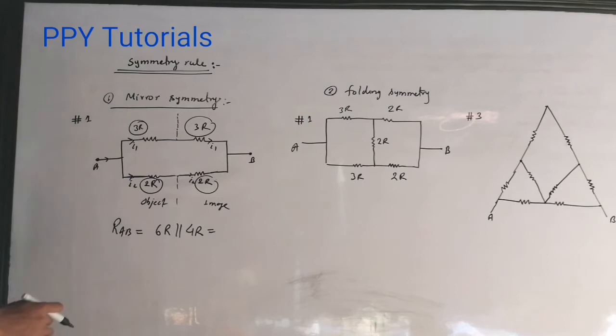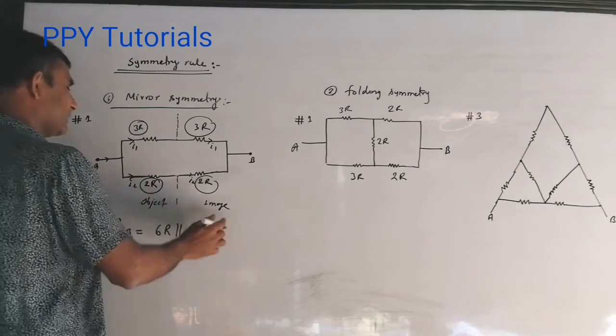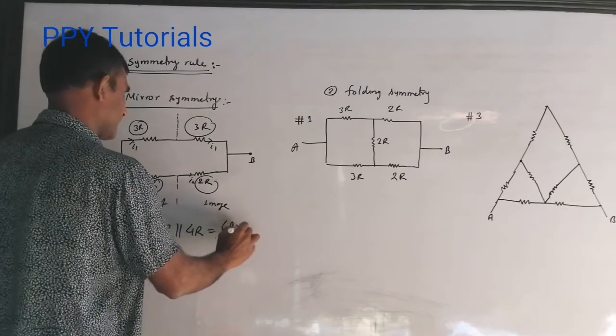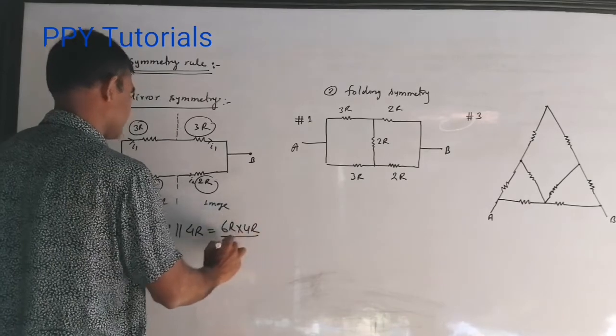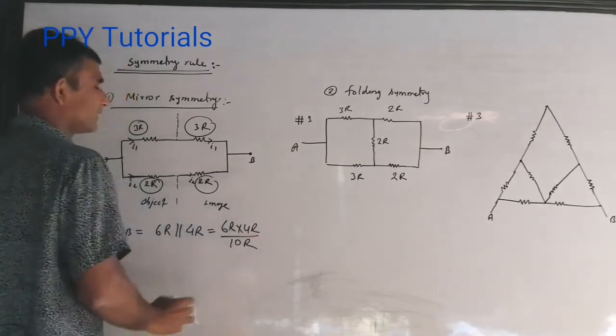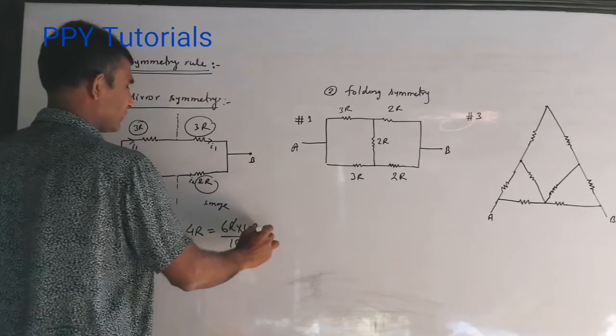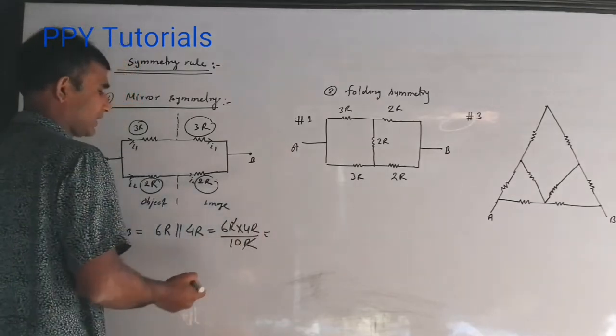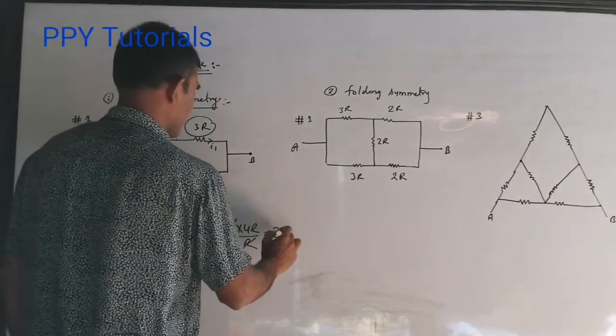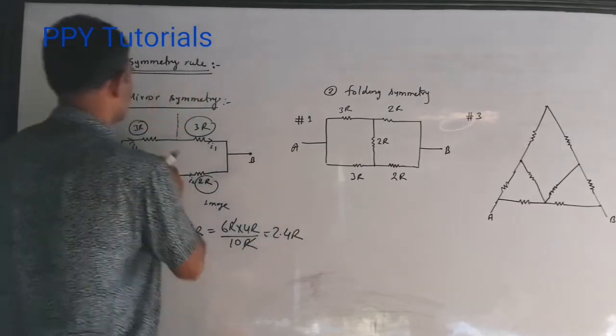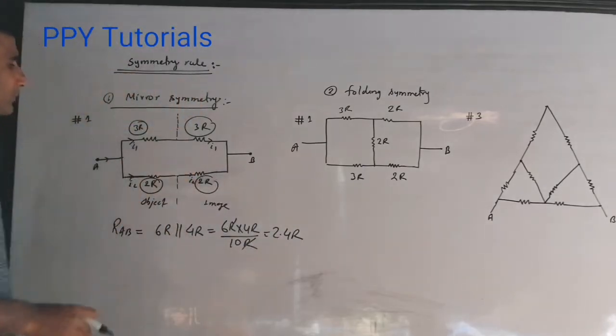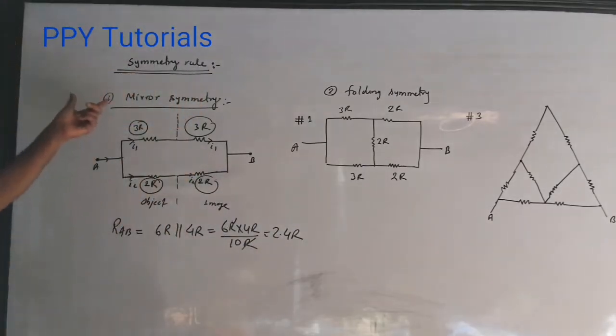If two resistances are in parallel, then you take product by sum. So 6R into 4R divided by 6R plus 4R, 10R. You just do the calculation and you will get 6 4s are 24, 24 by 10 is 2.4 ohms. So the equivalent resistance between A and B is 2.4 ohms. It was so easy after using the mirror symmetry.